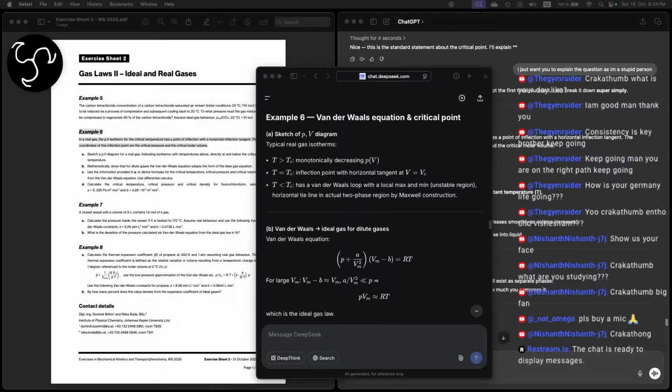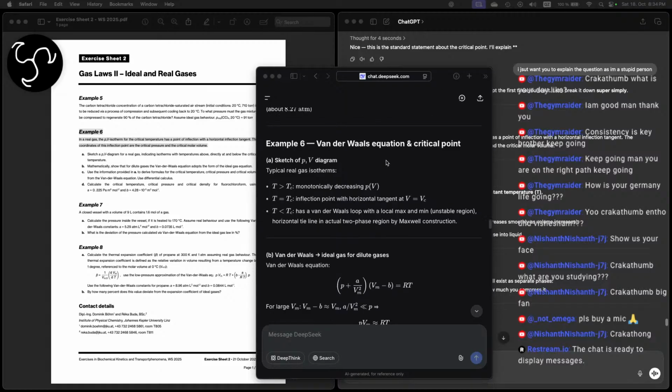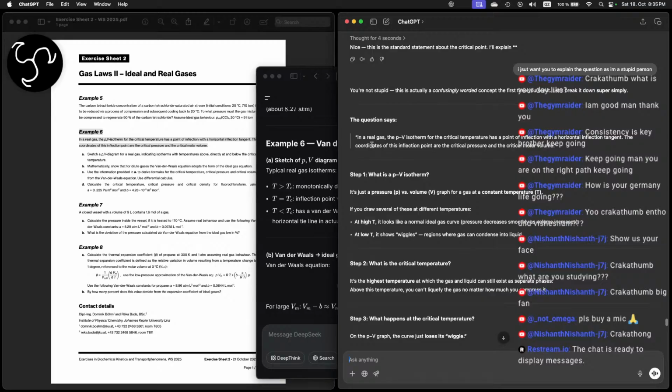Right now, I should be heading to sleep in about an hour. So I gotta make sure I understand the second question. At high temperature, it looks like a normal ideal gas. Pressure decreases smoothly as volume increases. At low temperature, it shows wiggles, where gas can condense into liquid.